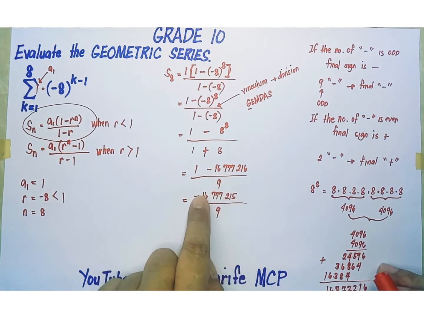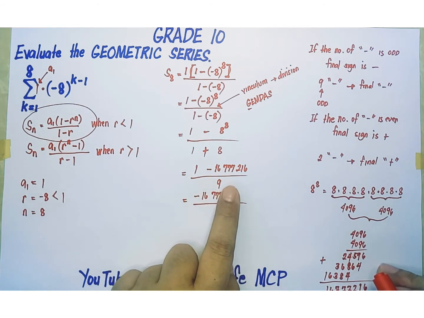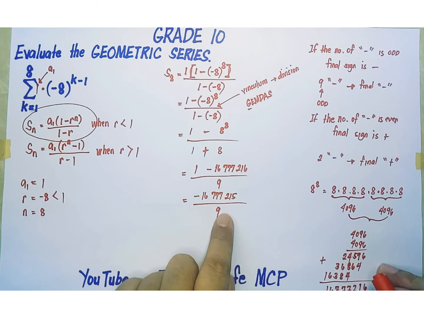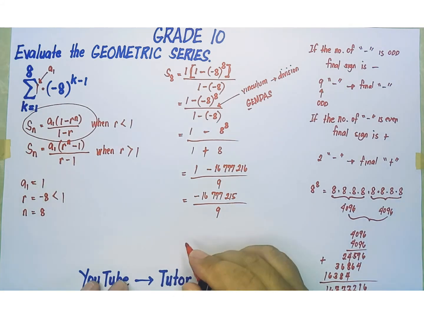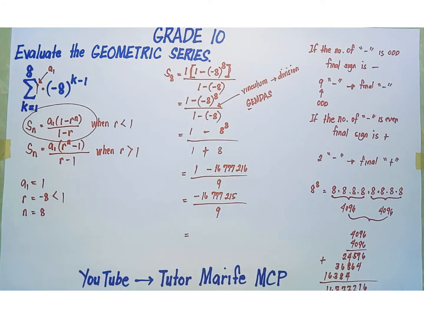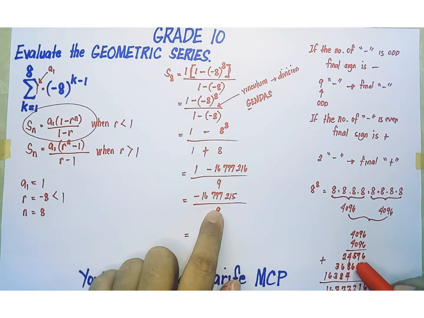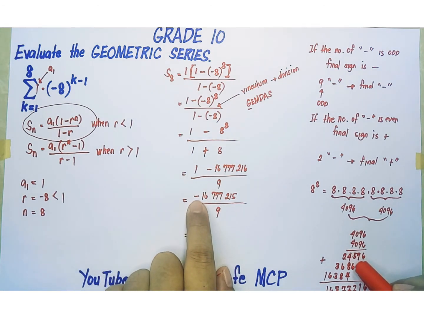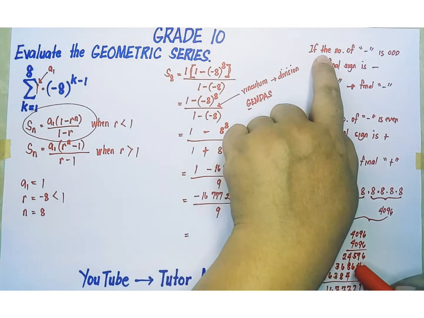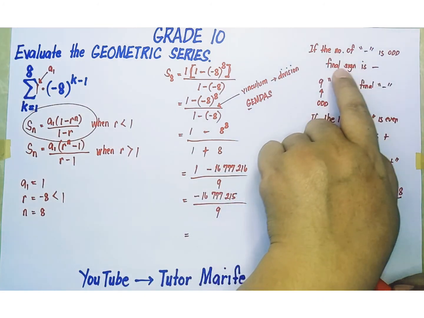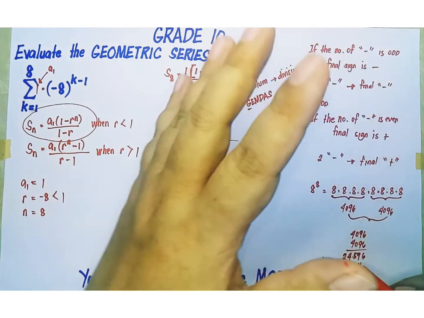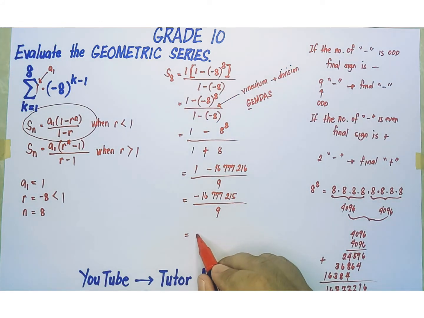The sum of its digits is 36, and 36 is a multiple of 9. Therefore, we can divide this by 9. It's divisible by 9. Okay, we can now divide. Determine the sign of your answer by counting the negative. 1. If the number of negative is odd, final sign is negative. 1 is odd, therefore our final answer must be negative.